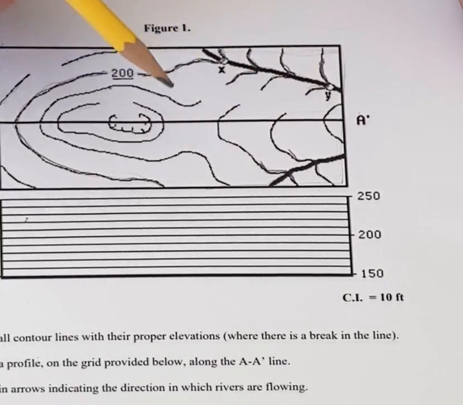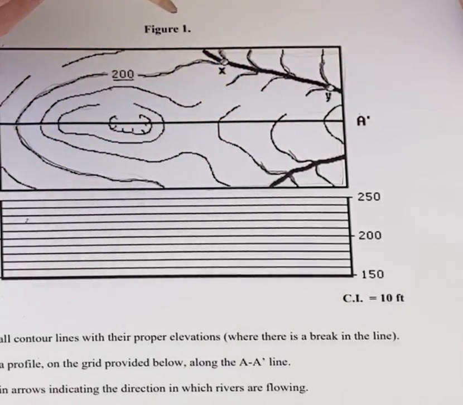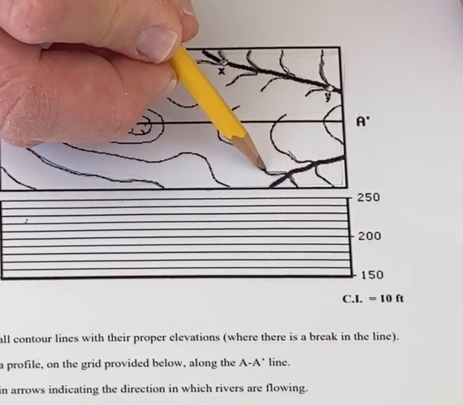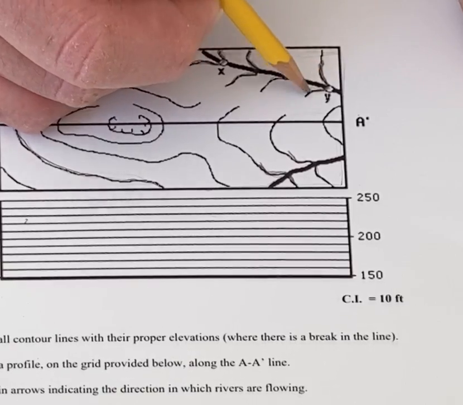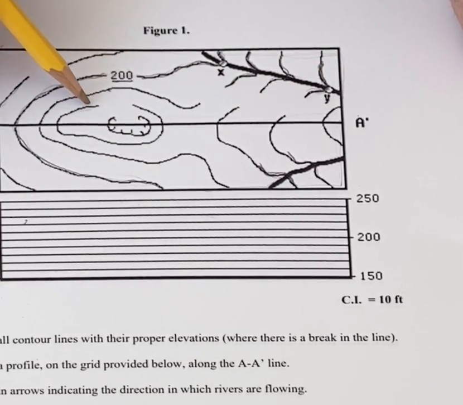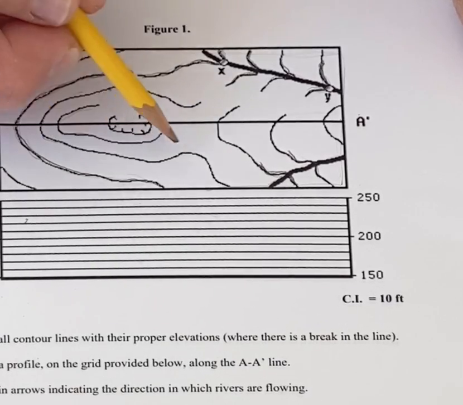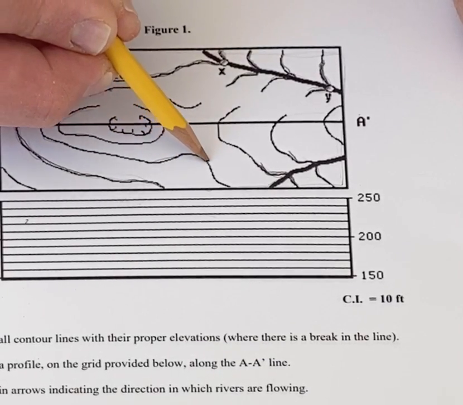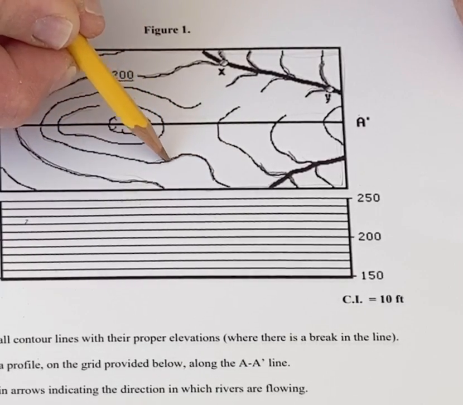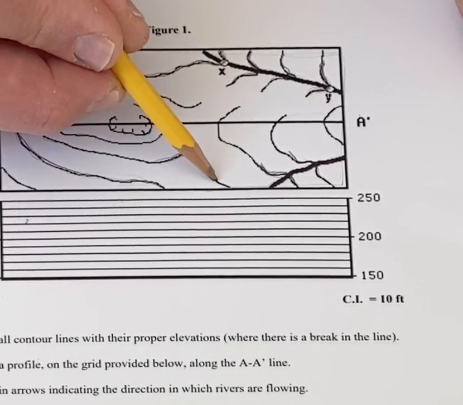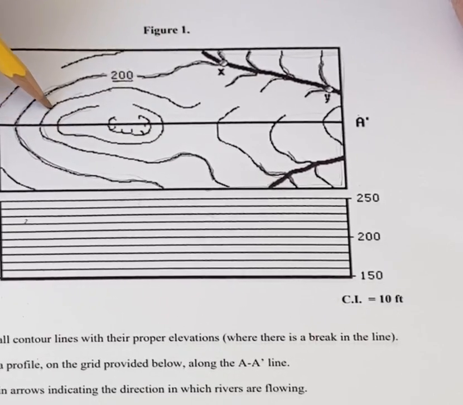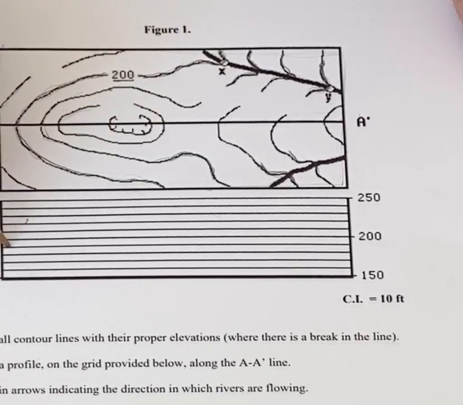So given that, the first thing we know is that this is some sort of valley. Consequently, if this is some sort of valley, then this must be some sort of peninsula, some sort of in-cut. So concave, convex.